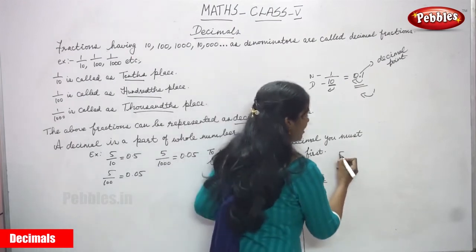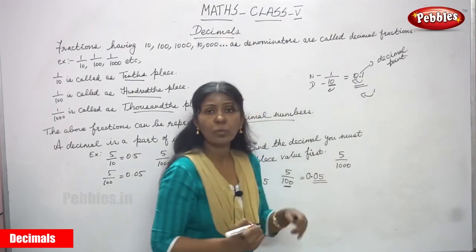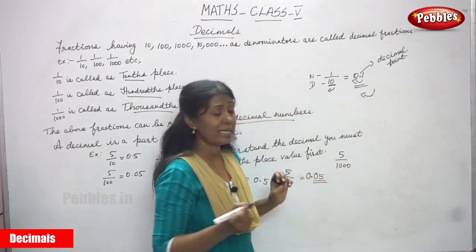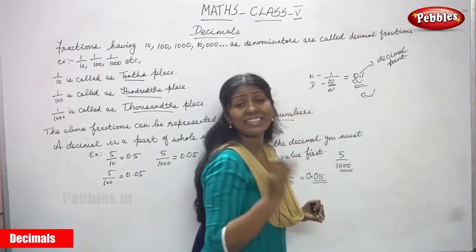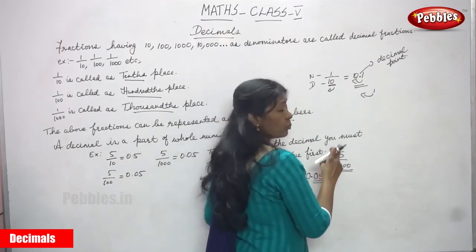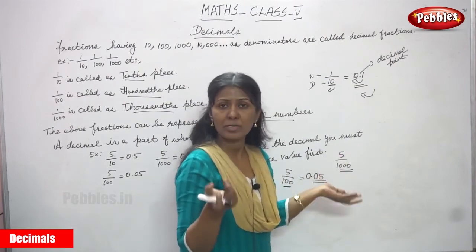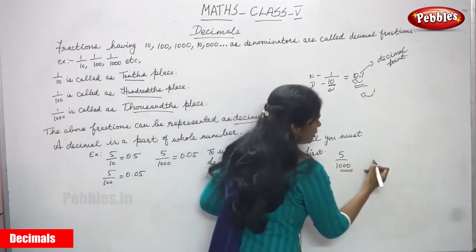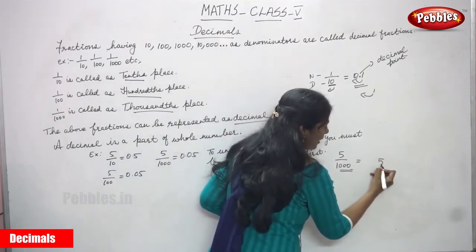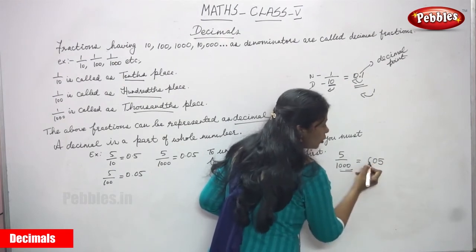Next, we have to write 5 by 1000. So look at this number. 5 is the numerator and 1000 is the denominator. In 1000, how many zeros are here? 3 zeros. But in the numerator, only one digit. So you need 2 more digits, but here there are no digits, so you have to add double zeros. First you write 5. After that, you need 2 digits, so you put 2 zeros.